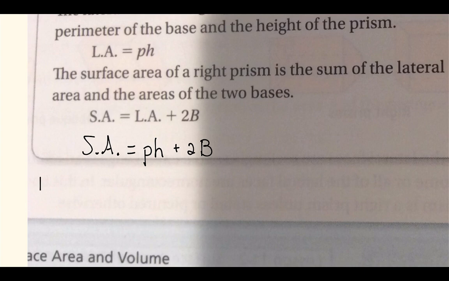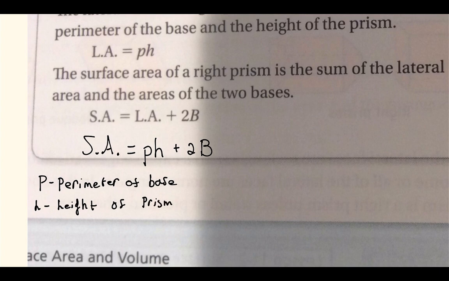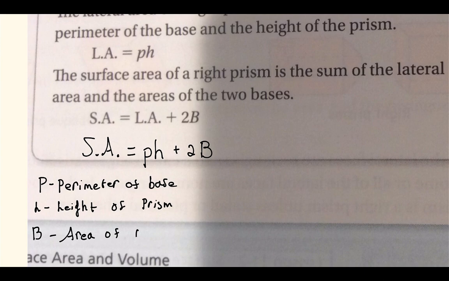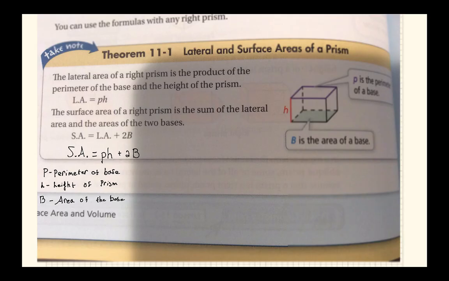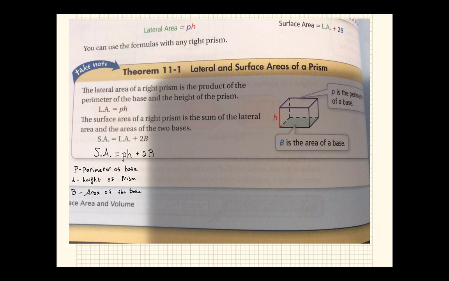P is the perimeter of the base. H is the height of the prism, or the altitude, and this big B stands for the area of the base of the prism. That makes up my surface area formula for prisms.